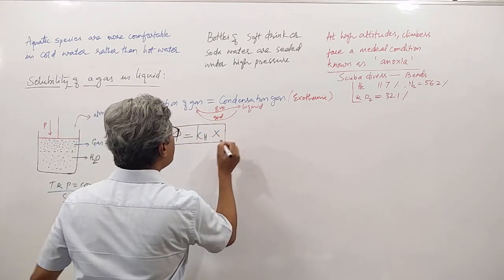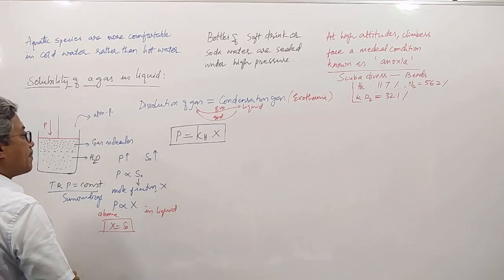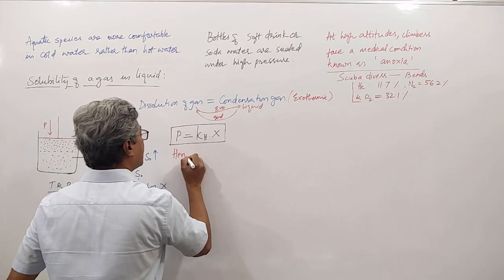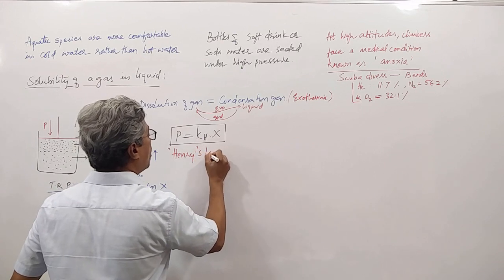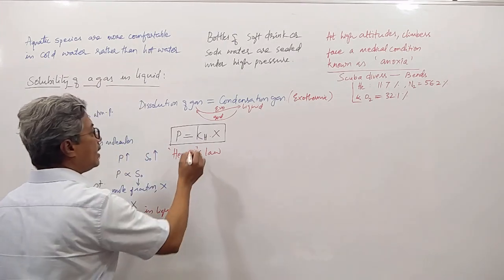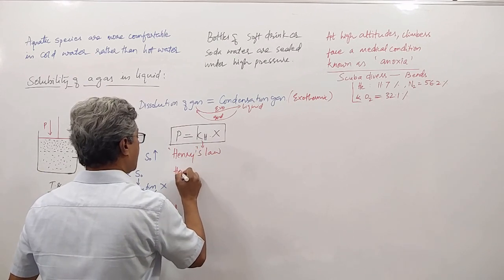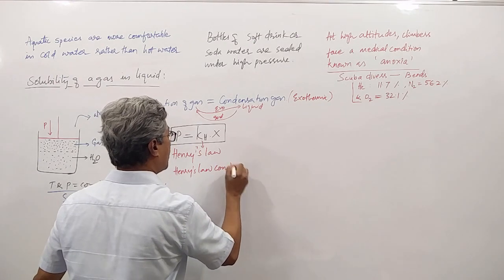This equation is given by Henry. Therefore, it is called Henry's law. And this kH is called Henry's law constant.